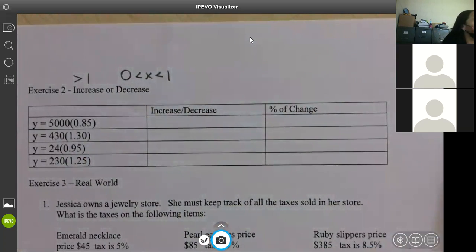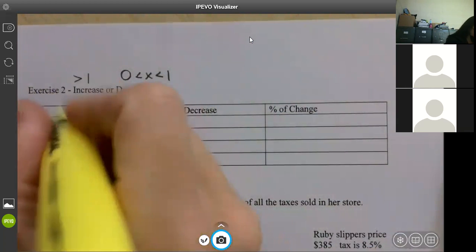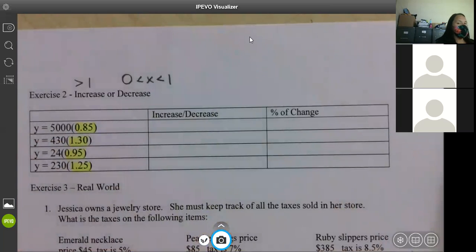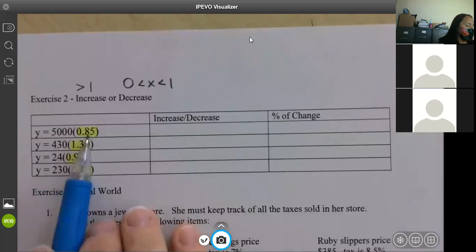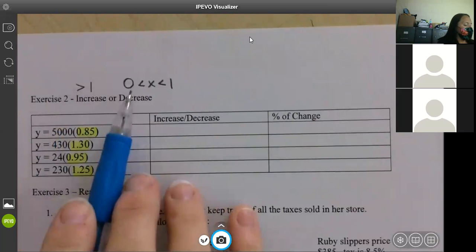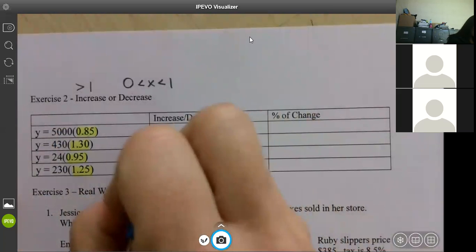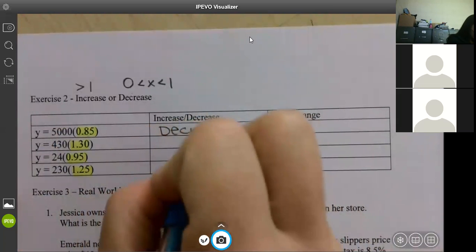And all we're going to look at is that set of parentheses. So right here for increase or decrease. So 0.85, is it greater than 1 or between 0 and 1? Between. So this one is a decrease.